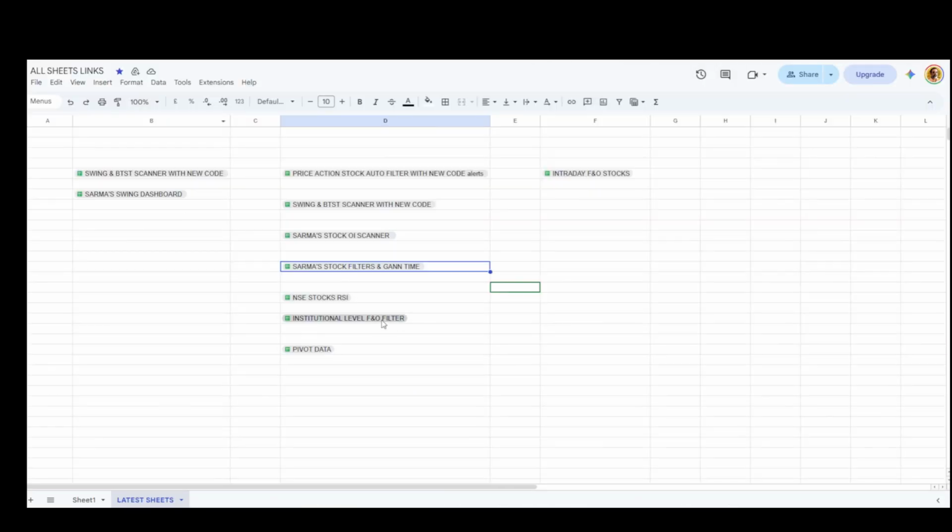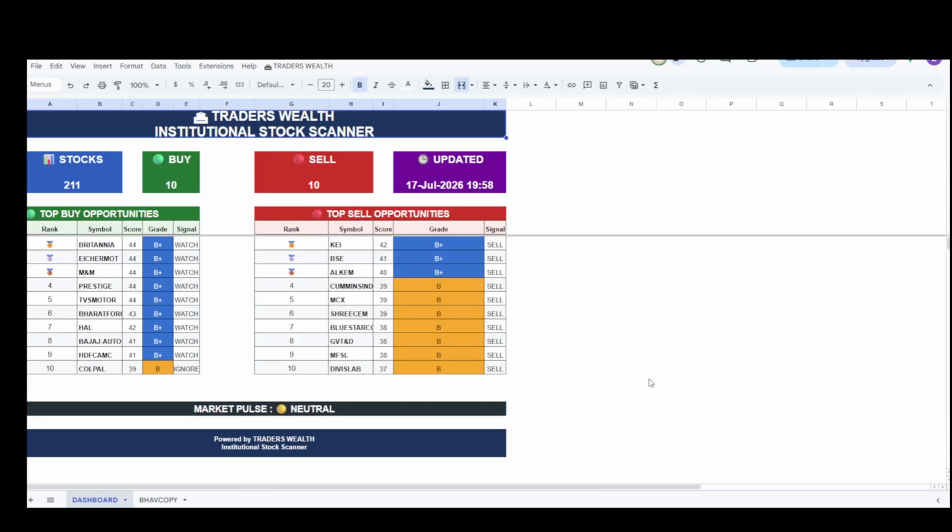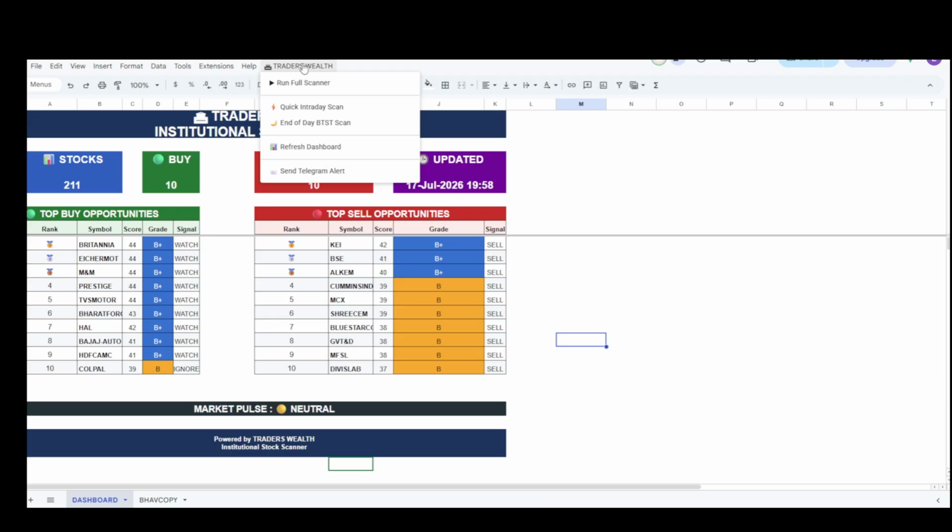The first one is pivot. Let me show you. This is the pivot board. Once R3 is broken or S3 is broken, you will see the stocks like this. This is the best sheet for those who want to trade with pivots.